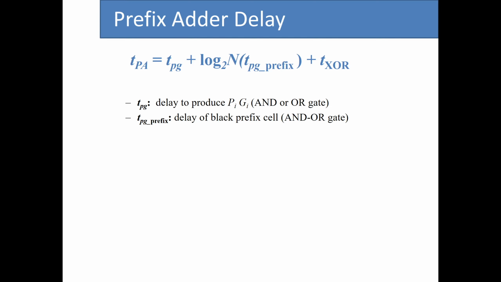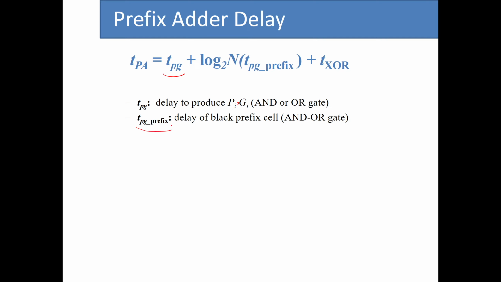As for the delay for a prefix adder, we have the TPG. Basically that's the delay to produce the propagate signal and the generate signal for each individual bit.